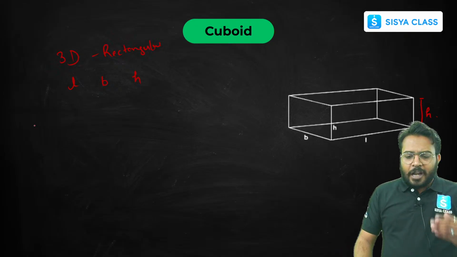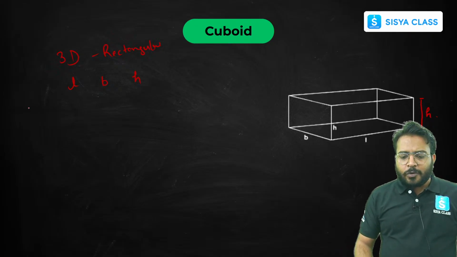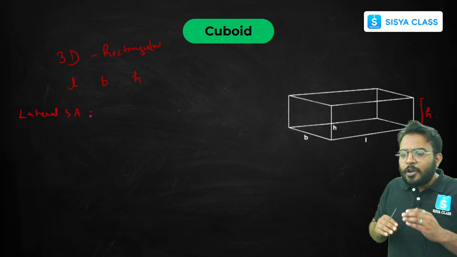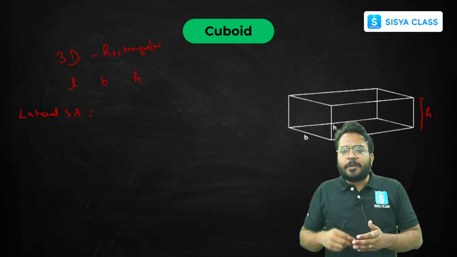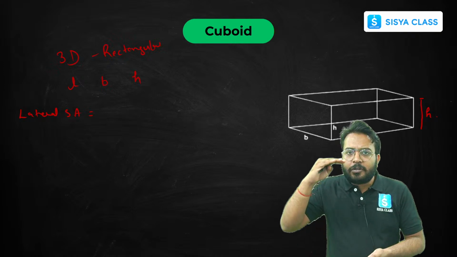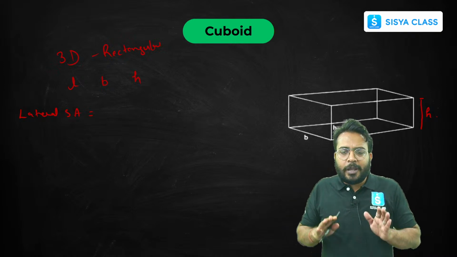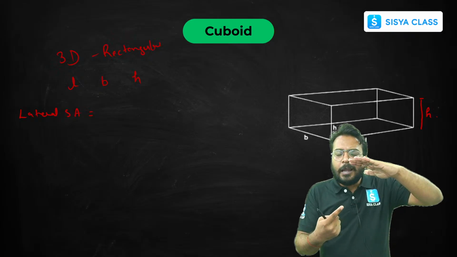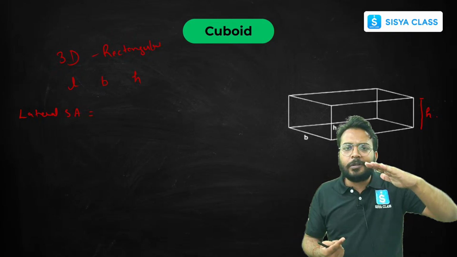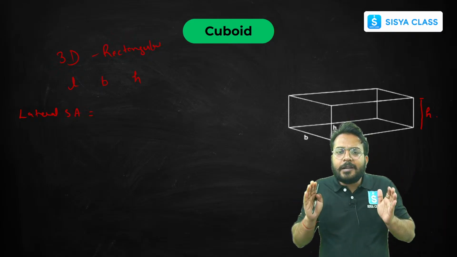Now the first thing we are going to talk about is its lateral surface area. What is meant by lateral surface area? Lateral surface area means the side walls. That means we have to exclude our top and bottom, and the area of the remaining 4 walls is going to be called the lateral surface area.